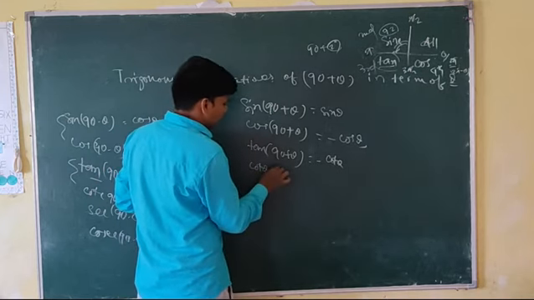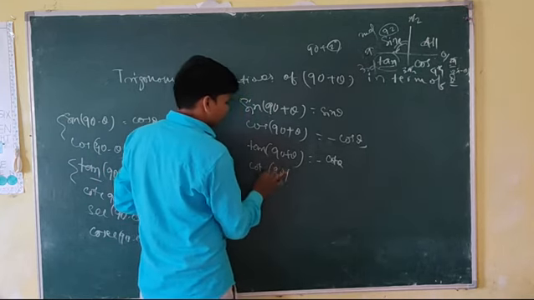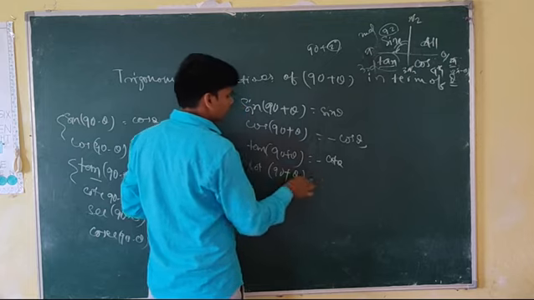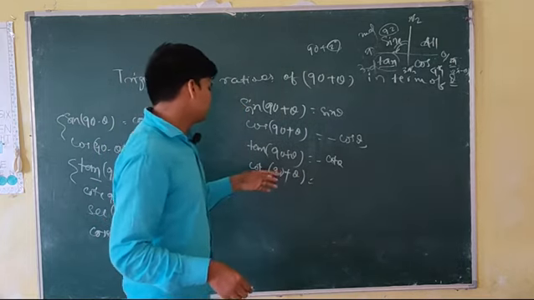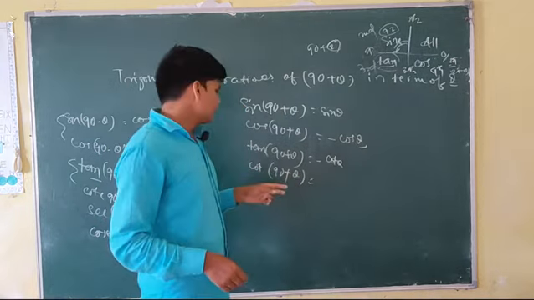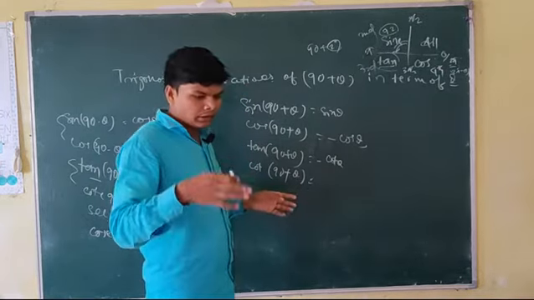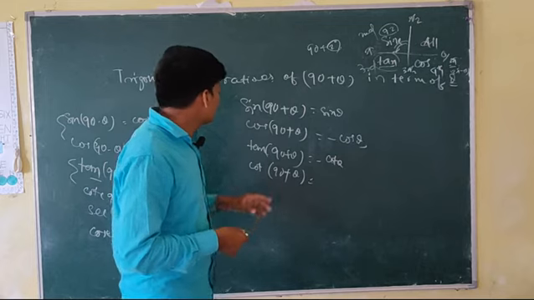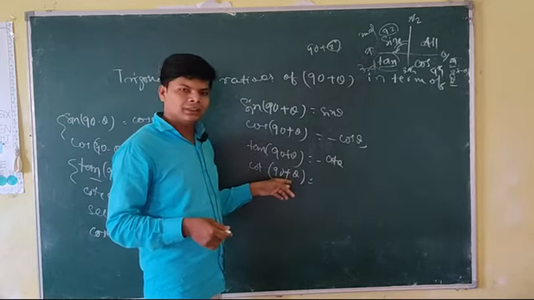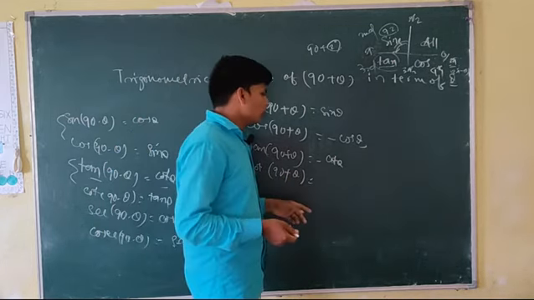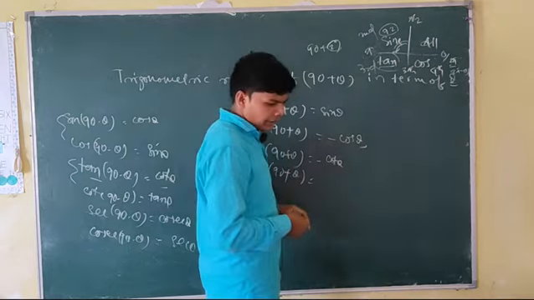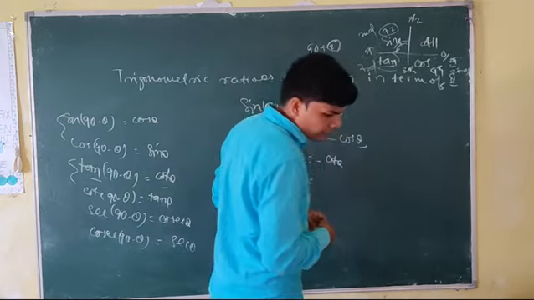Now cot(90 + theta), where theta will be between 0 and 90. If it exceeds 90, there will be another formula for that. Cot(90 + theta) is tan theta. No, minus tan theta. Why minus tan theta?